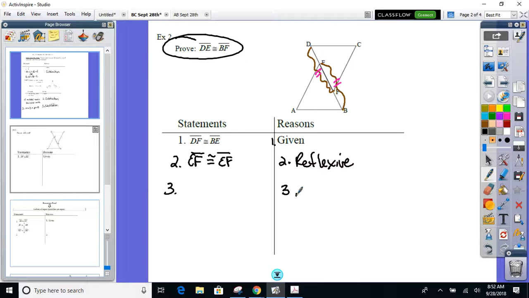All right, go ahead and subtract. I'm not going to start asking people anymore because I think you guys are getting the hang of this. DF minus EF equals BE minus EF by subtraction. And then substitute in DE and BF.